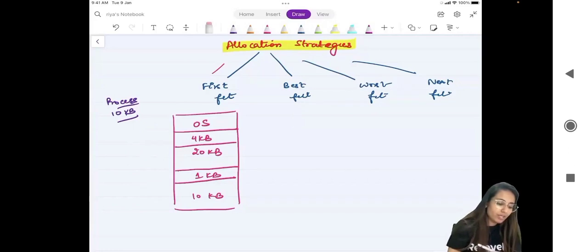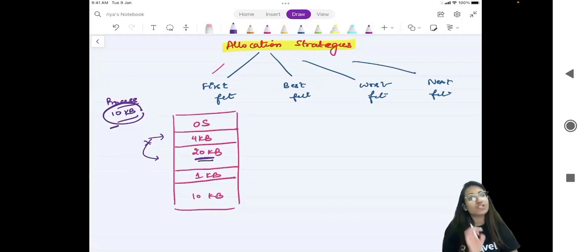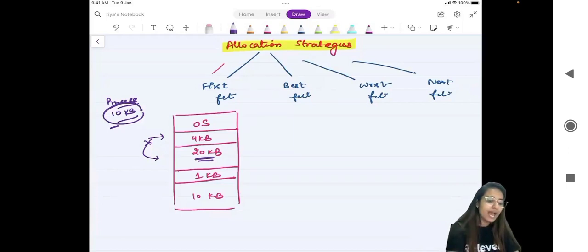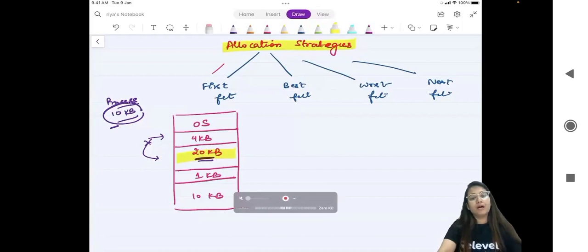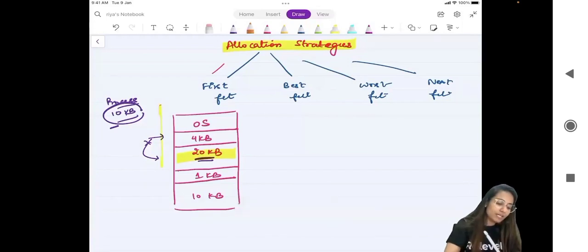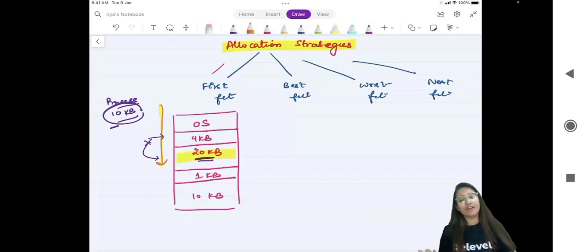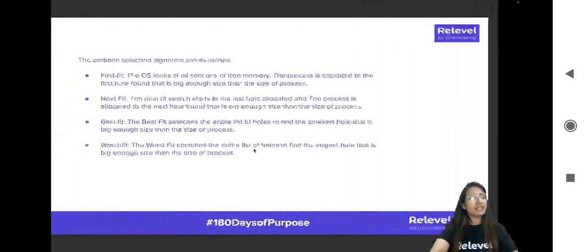The process requires 10 KB but there is only 4 KB. Not good. It requires 10 KB and this is 20 KB. That means this hole is big enough for the process P1 of size 10 KB and it meets the requirement. Its size is bigger than the size of the process, and hence we can put the process P1 in this space. So first fit means the first hole that is found, irrespective of what is present later, is the one where the process is allocated.